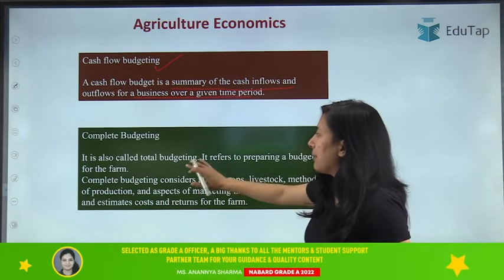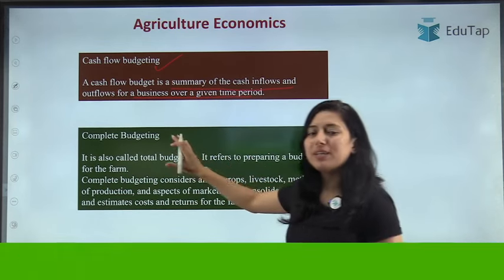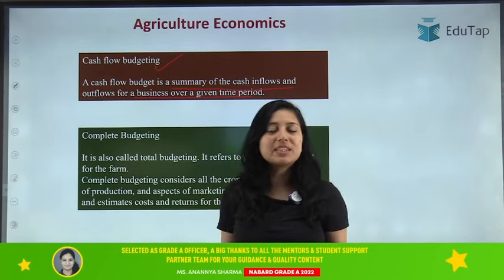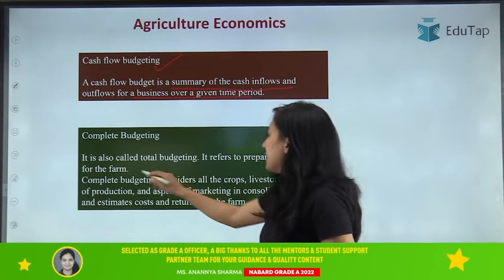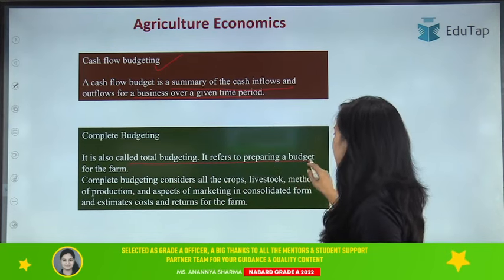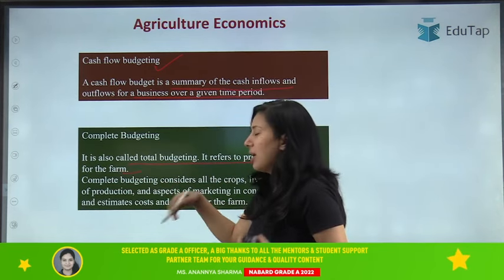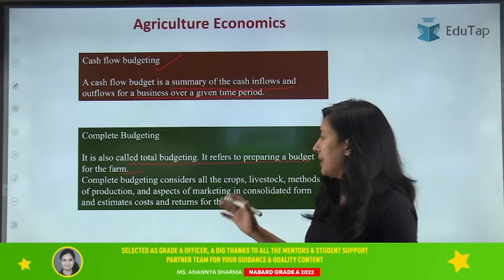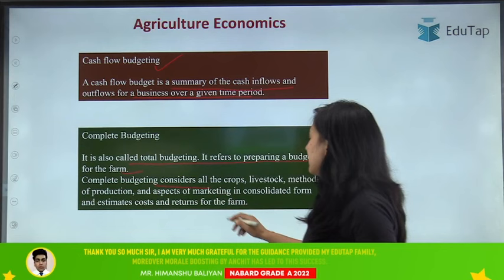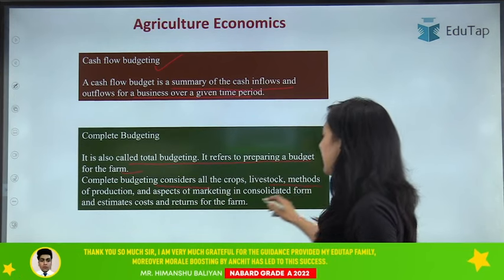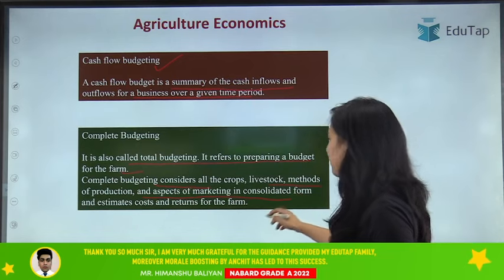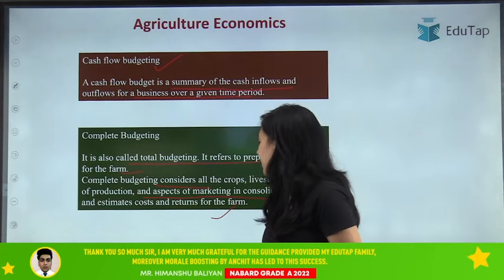Clear? The fourth type is complete budgeting. From the name itself, it is understandable that it is about complete budgeting of a farm. So it is called total budgeting. It refers to preparing a budget of the farm. Okay, when we are preparing a total budget of a farm, that is your complete budgeting. Complete budgeting considers all the crops, livestock, methods of production and aspects of marketing in consolidated form and estimates costs and return of the farm.